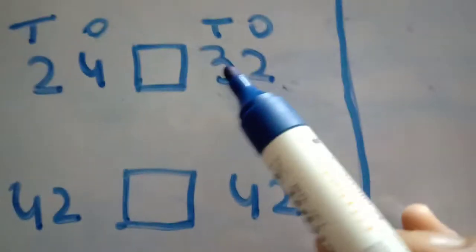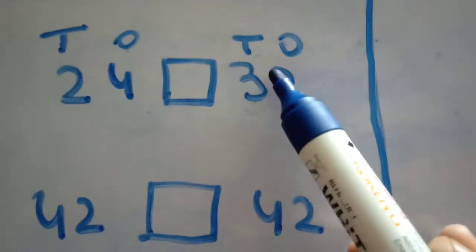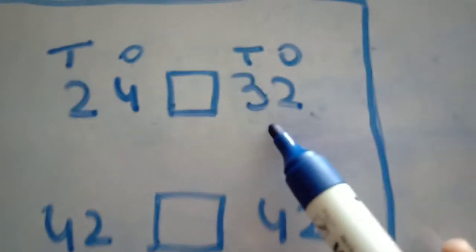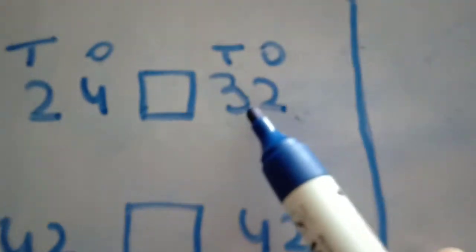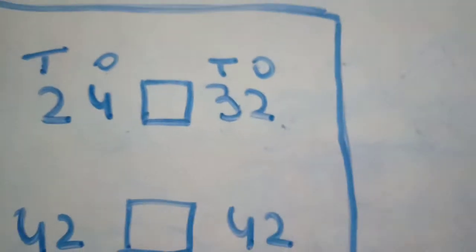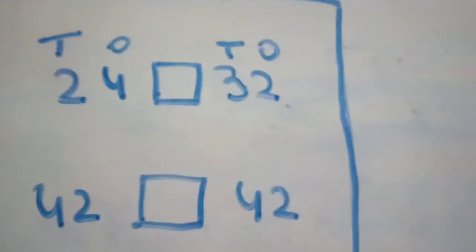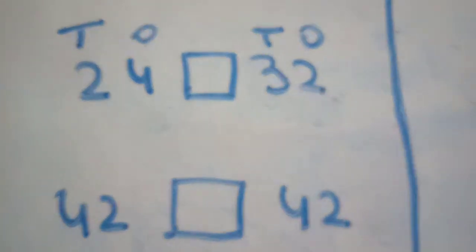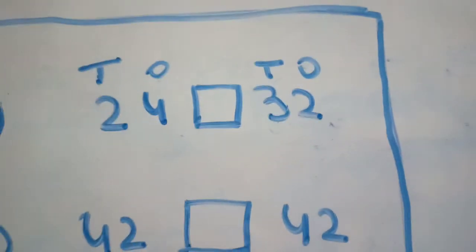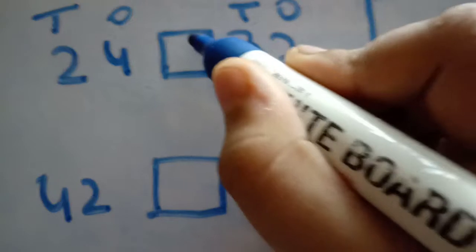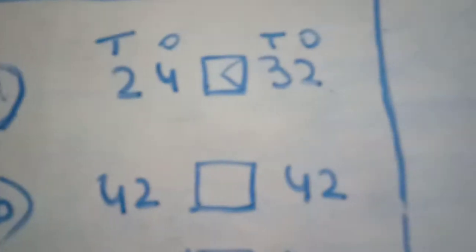At the ones place 4 is bigger, but at the tens place 3 is bigger. So we have to choose the bigger tens place. The bigger the number at the tens or hundreds place, the bigger that number is. So now we will put the greater than sign.